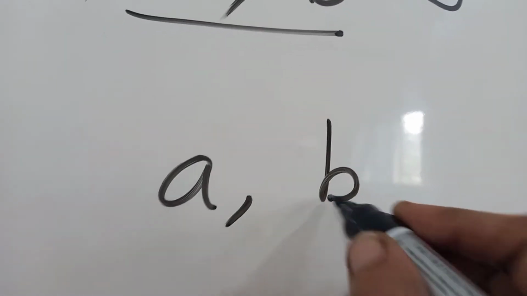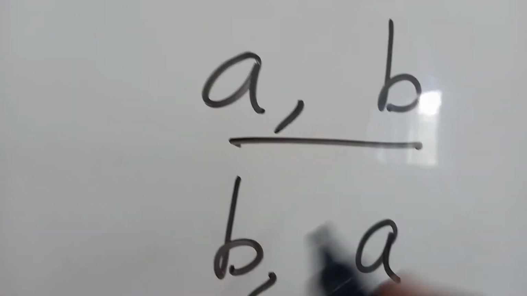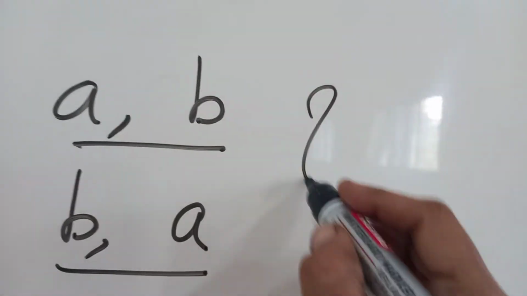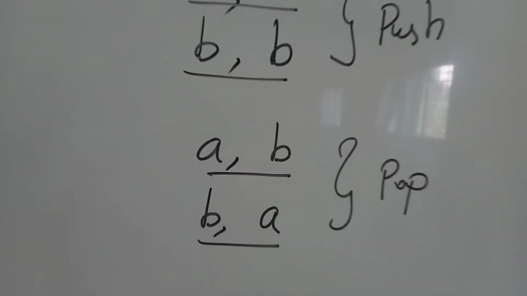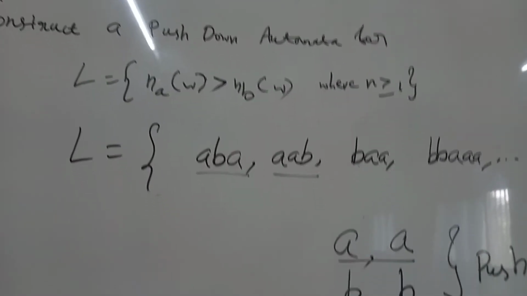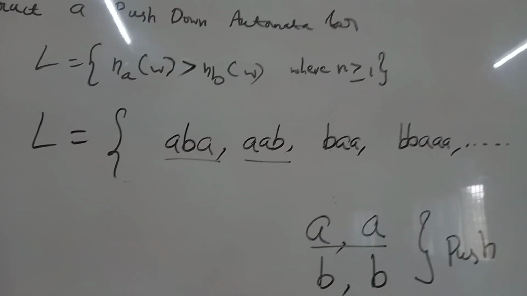If the input symbol is A and top of the stack is B, if the input symbol is B and top of the stack is A, for the different symbols, we perform the pop operation. Okay, so here we are going to use the same logic for this pushdown automata, but the language consists of one extra A compared to the B.